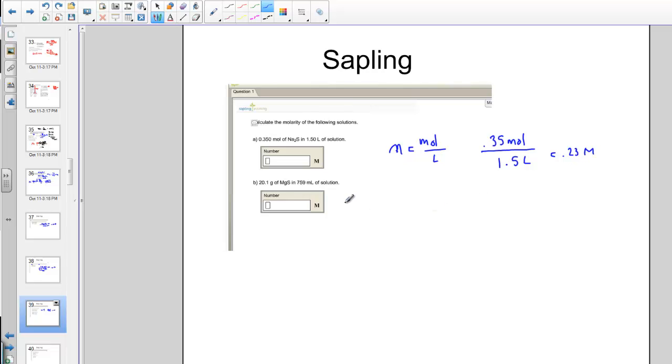Here we have to do a little bit more work, don't we? 20.1 grams of magnesium sulfide. So here we know that molarity is moles per liter, but mole is defined as grams over molar mass. So we have a little mole map work to do before we can divide by the volume. The grams was 20.1. And we need the molar mass.